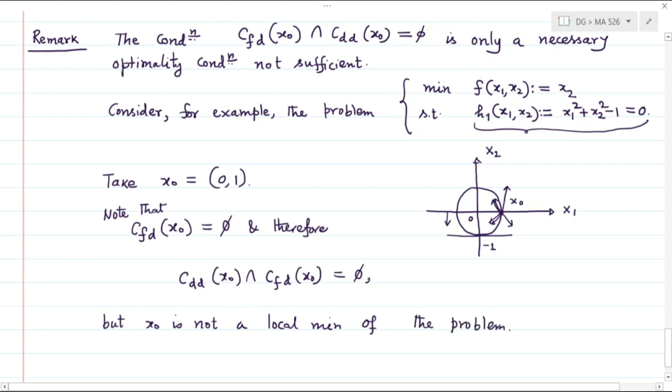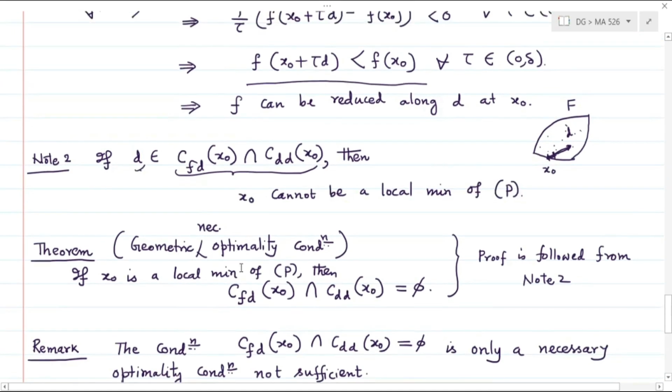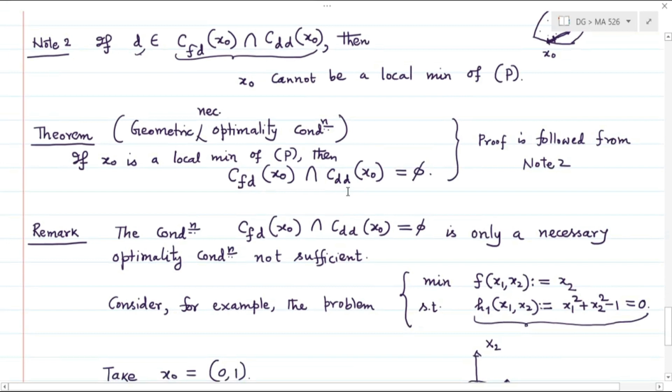Fine, and therefore the optimality condition, that the intersection of the cone of feasible directions and the cone of descent directions is null, is indeed not a sufficient optimality condition.